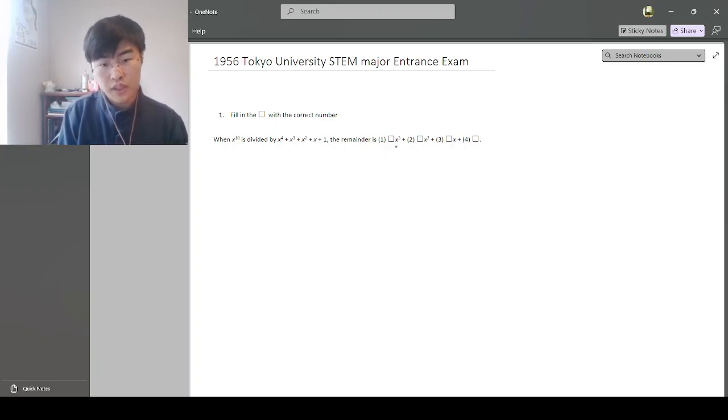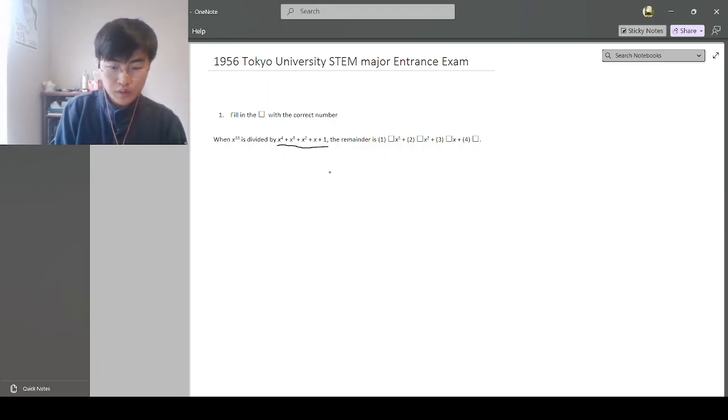Now, let's understand why it starts at x to the third instead of, let's say, x to the fourth or x to the fifth. Well, when we divide two numbers, if what we're left with is still divisible by the divisor, then it can't be a remainder, because we can still divide by this last factor.